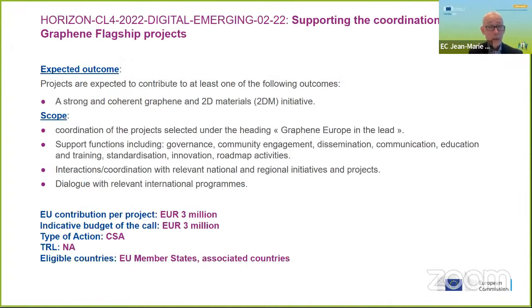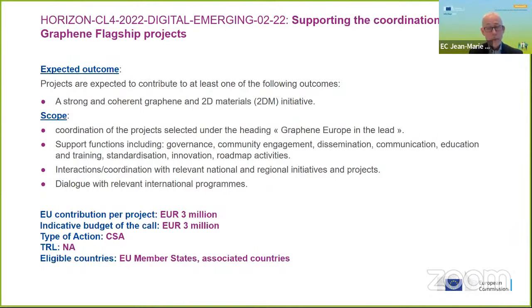And finally, the last topic is coordination and support action, which will help the coordination of the Graphene flagship project. So, as I said initially, the different topics represent the continuation of the Graphene flagship initiative.